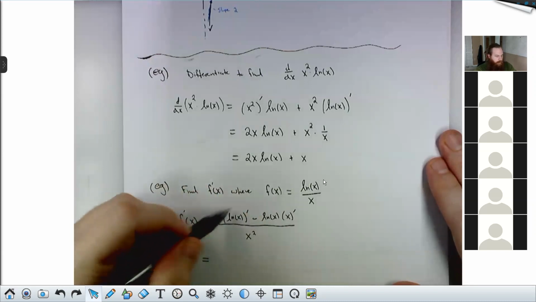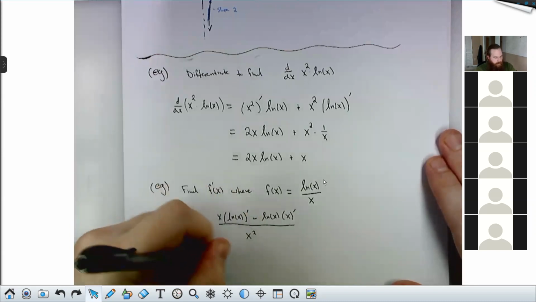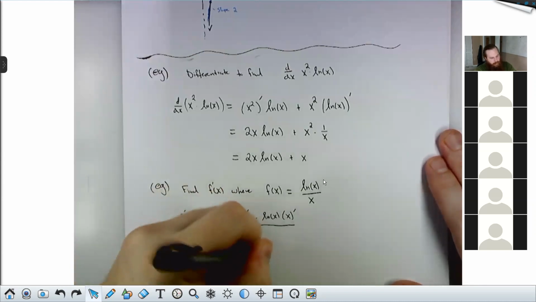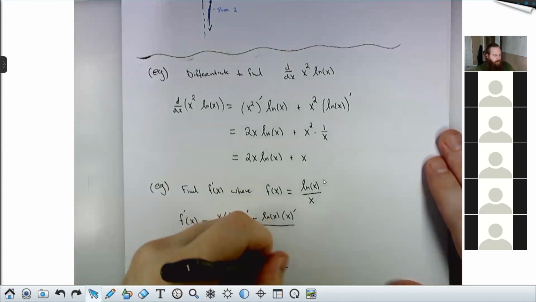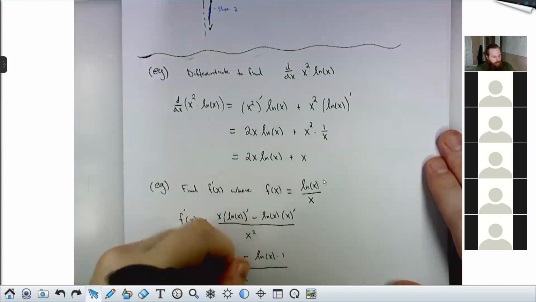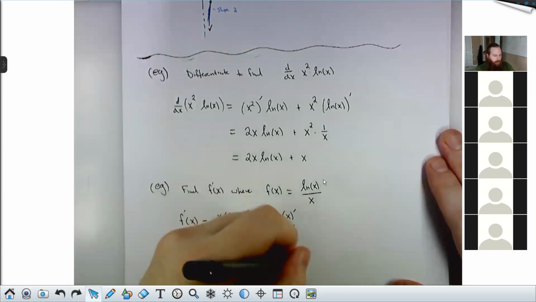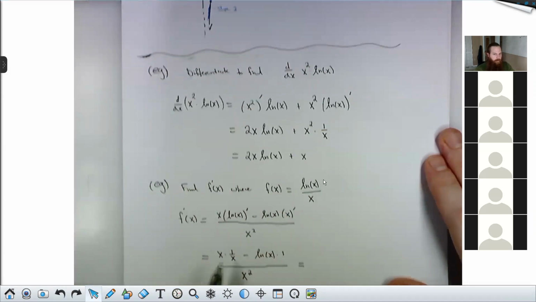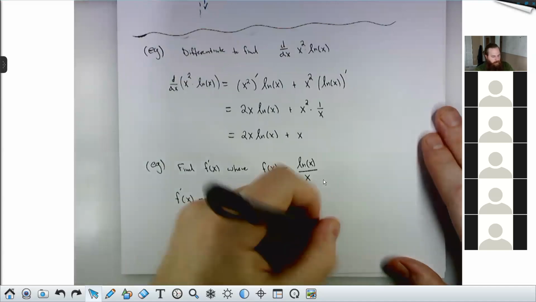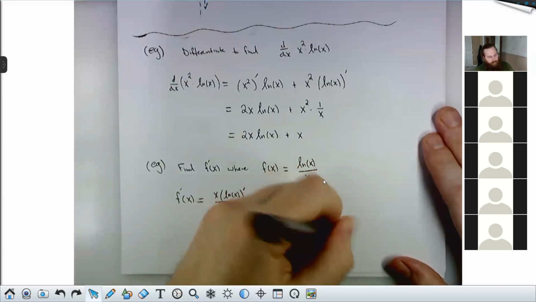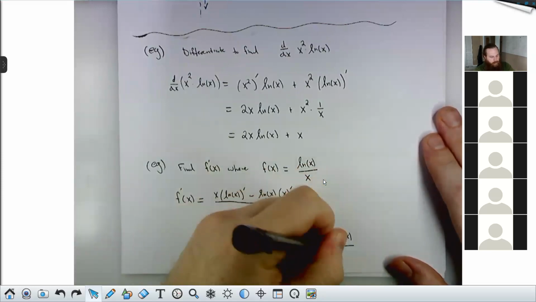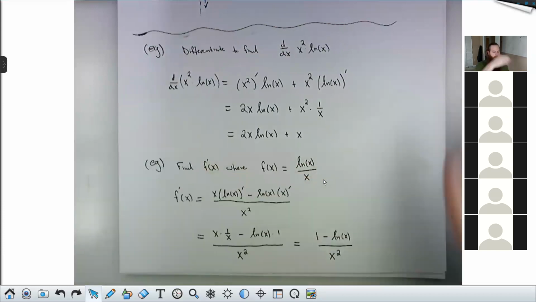That's x times the derivative of ln x, which is 1 over x, minus ln x times the derivative of x, which is just 1, all over x squared. And then here, the x times 1 over x is just 1. So this is 1 minus ln x times 1, which is just ln x, all over x squared.